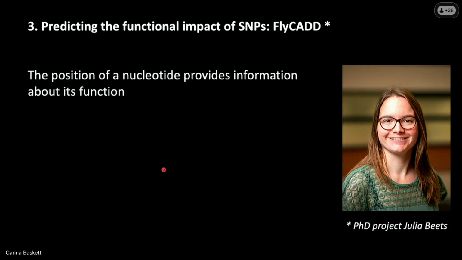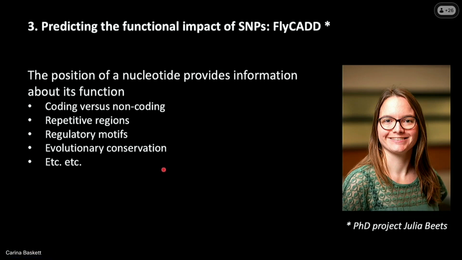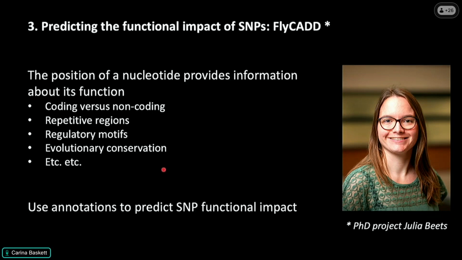And basically, the idea behind this prediction tool is that the position of a nucleotide in the genome will provide information about its function. Because the position can tell you, for example, whether a SNP is located in a coding region or a non-coding region, whether it's in a repetitive region, a regulatory motif, is it an evolutionary conserved region, etc. There are many different annotations that tell you something about a nucleotide position.